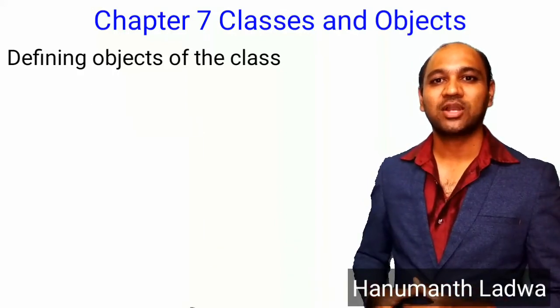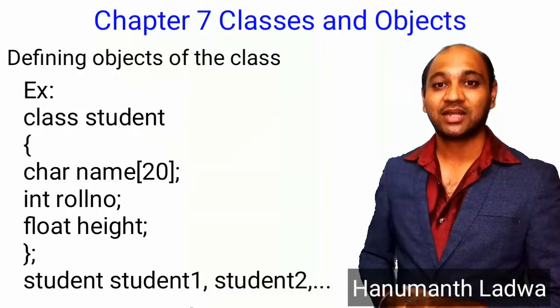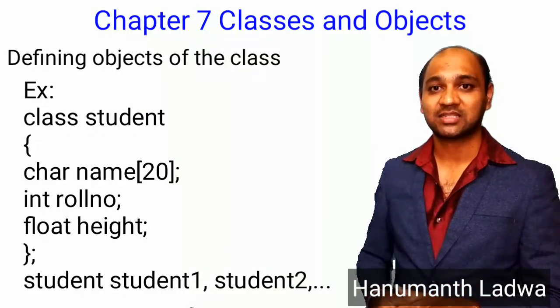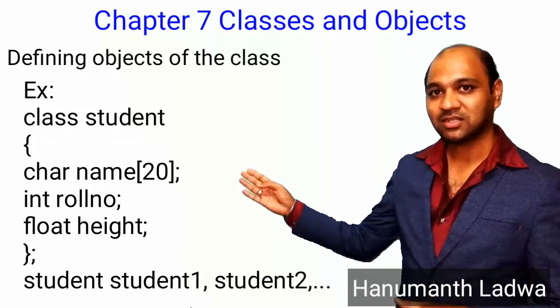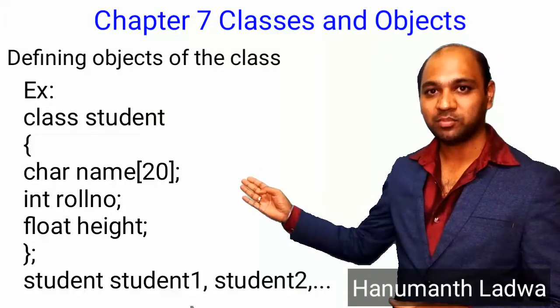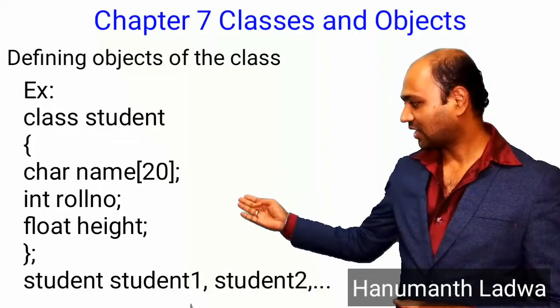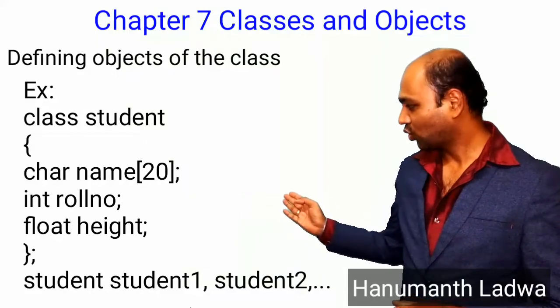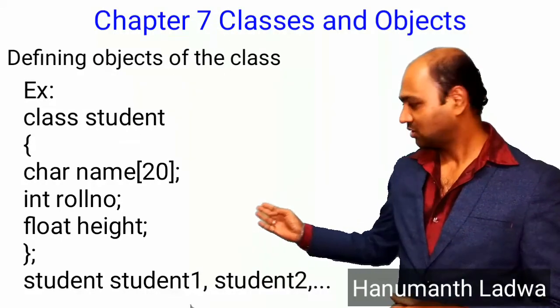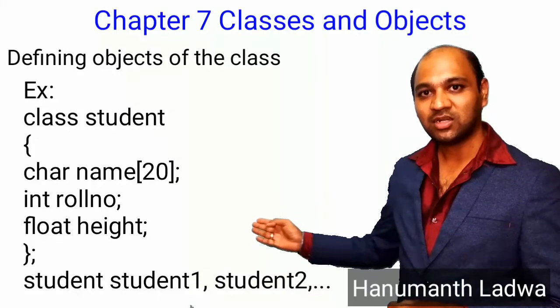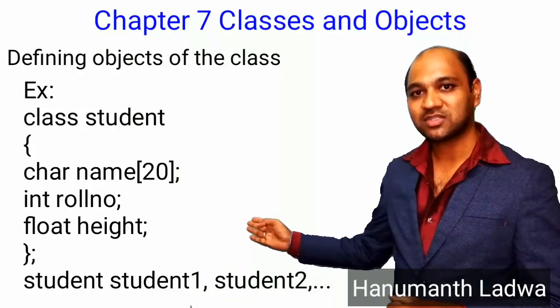Now let us take a small example of definition of a class and how to create object of that particular class. So here we can write class student curly open brace, then I'm going to write char name of the student, then I'll write int roll number, float height, put semicolon, curly closing brace and put semicolon.